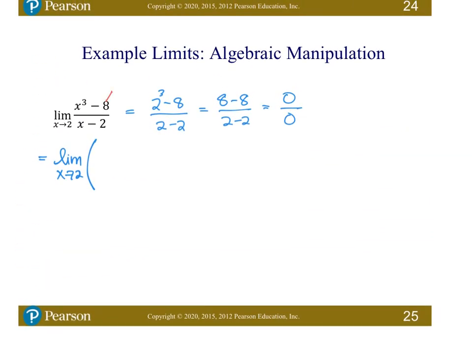Looking back, I noticed that 8 is 2 cubed. So this is x cubed minus 2 cubed over x minus 2. Now fake math, somebody might start going, oh, reduce, reduce, reduce, reduce.